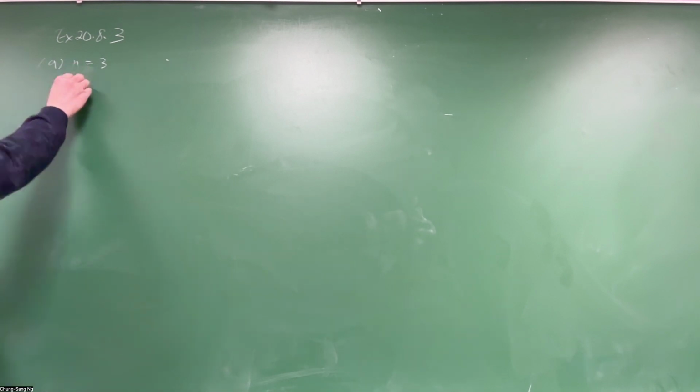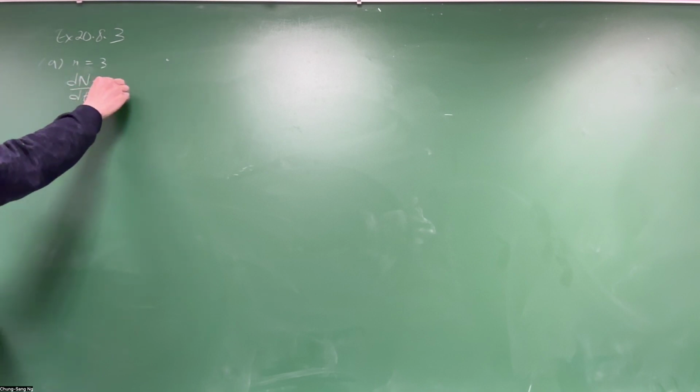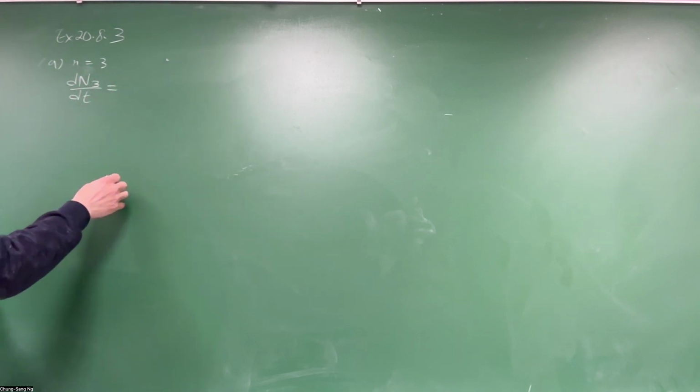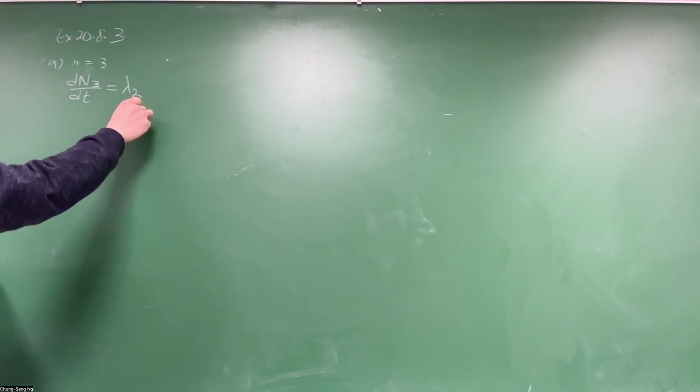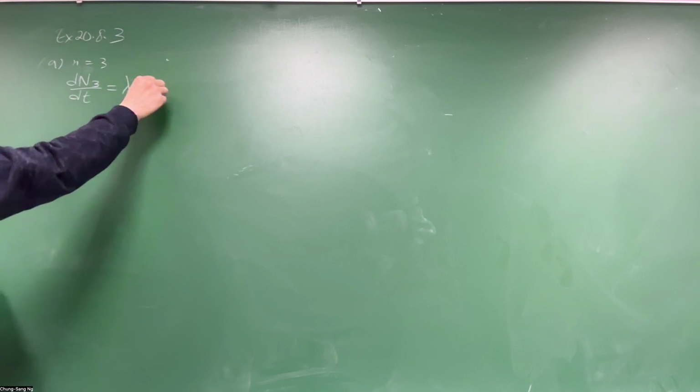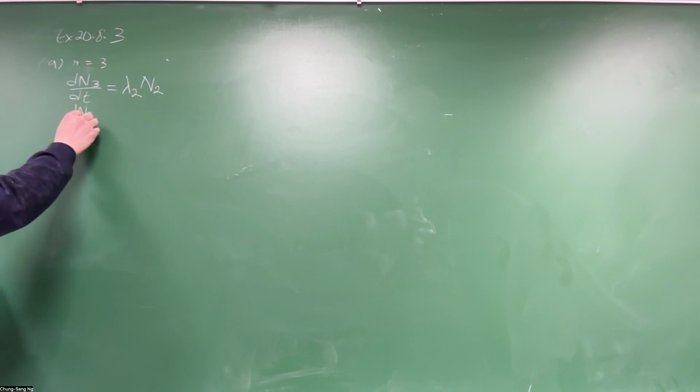So it's a small n equation. So dn3/dt is lambda 2 and n sub 2, right? And dn2 is already given to you, and dn2 and dn1 are already given to you.